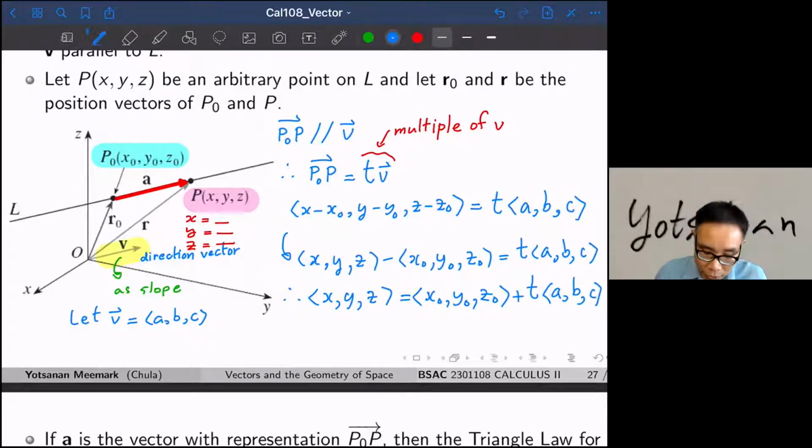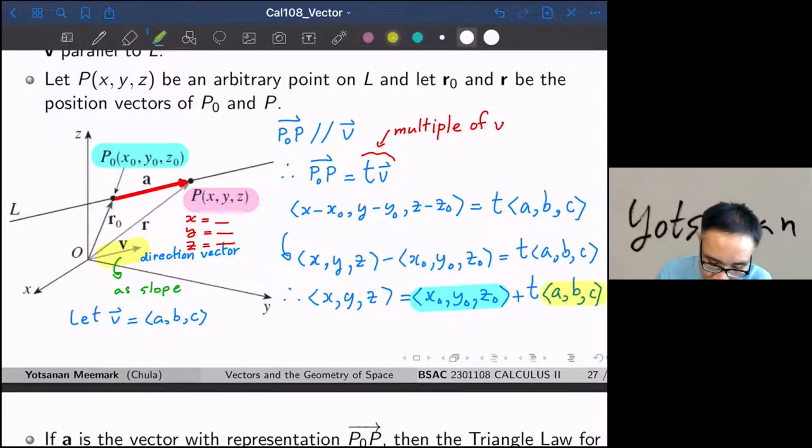This part is your point, and this part is your vector.